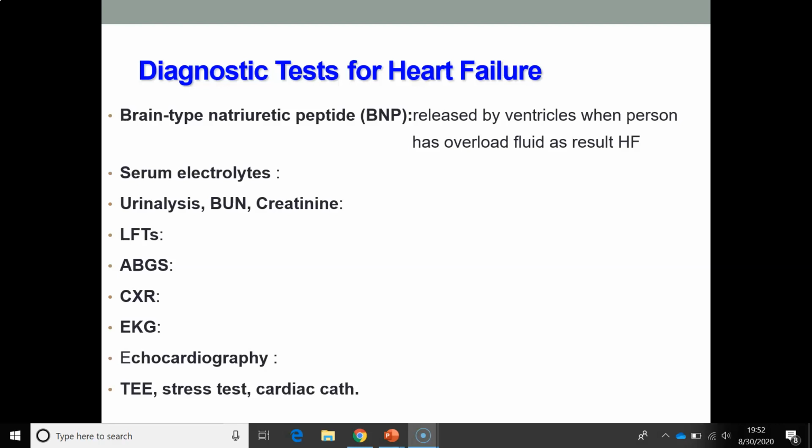The funny thing with a TEE, one of the things they do is a bubble study. And what that is, you take two 10 cc syringes with only 5 cc's of normal saline, and you put them on a stopcock and you push them back and forth, which actually creates bubbles. And then at the order of the physician, you push it very fast, very hard into a peripheral IV.